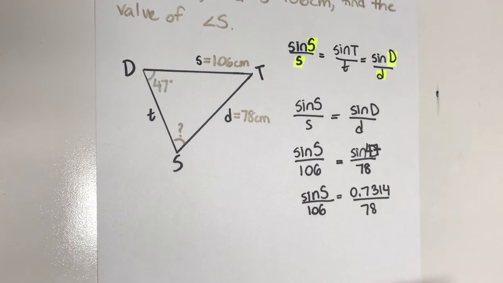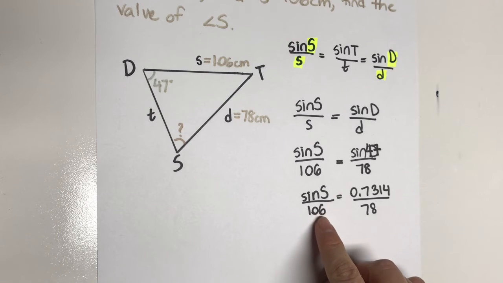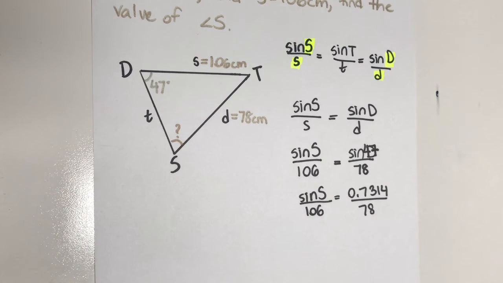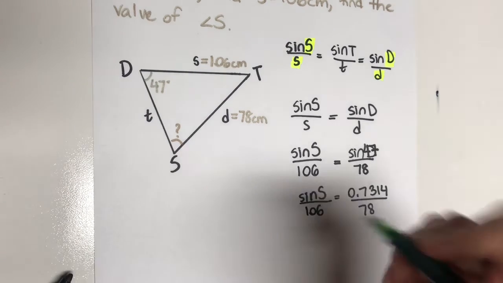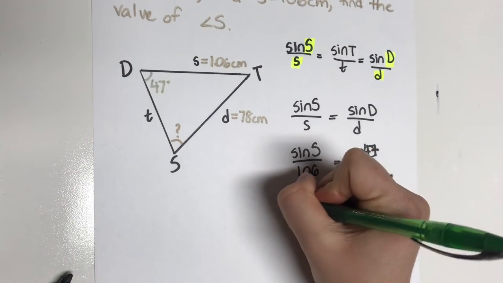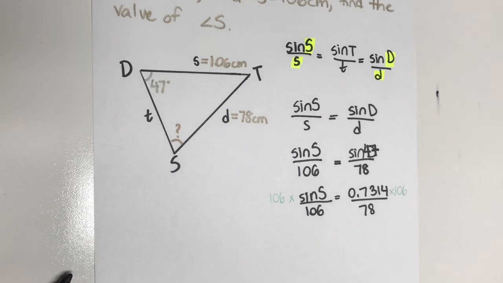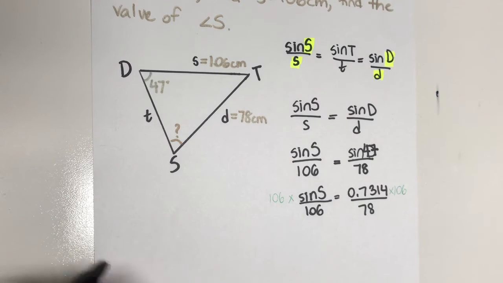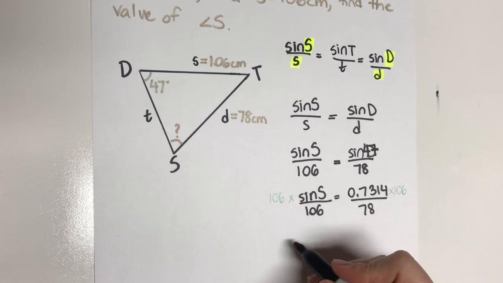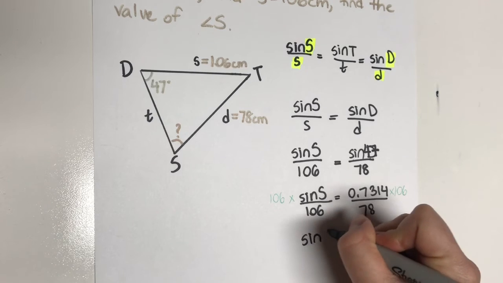I'm trying to isolate S, so I'm going to get rid of this 106 by multiplying both sides by 106. On the left side, they cancel out.